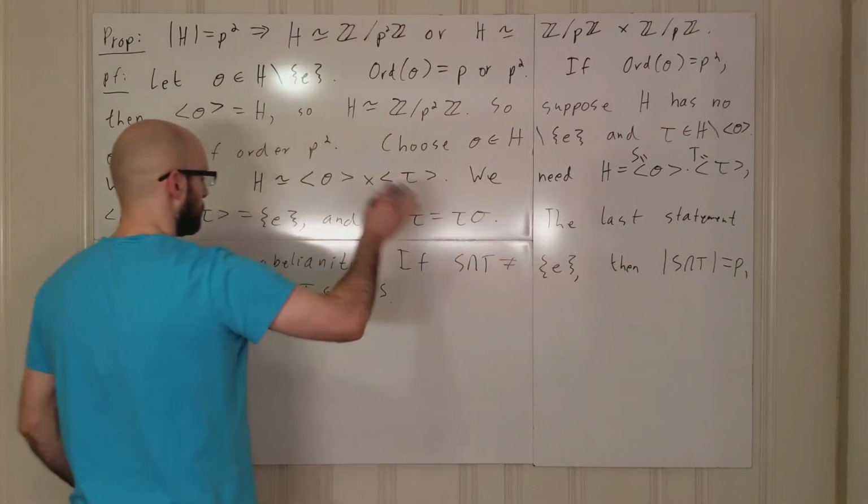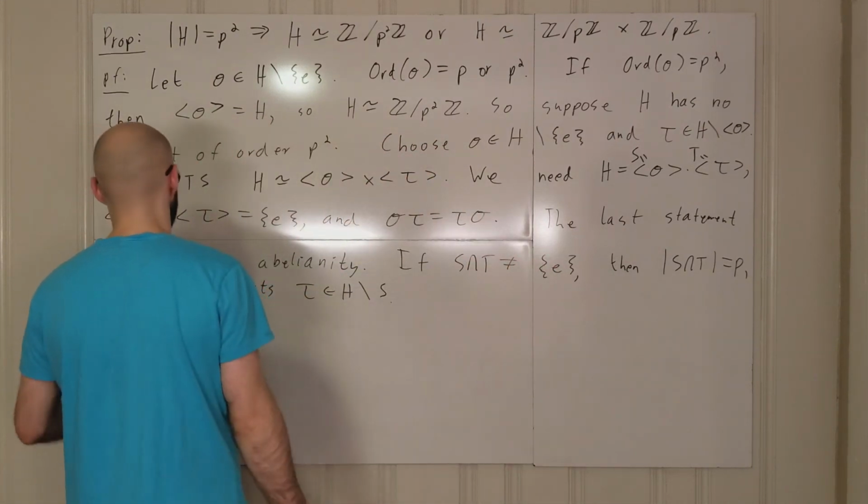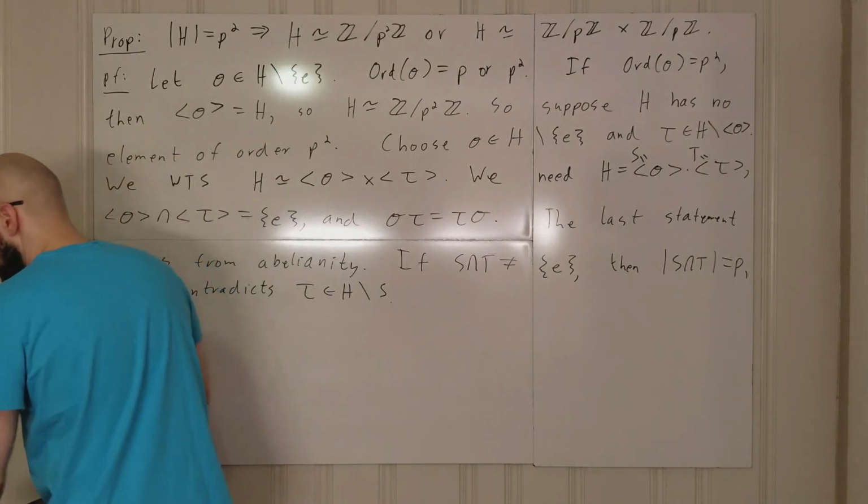We're never going to get P many elements in S intersect T. Okay, so we have a contradiction to this.